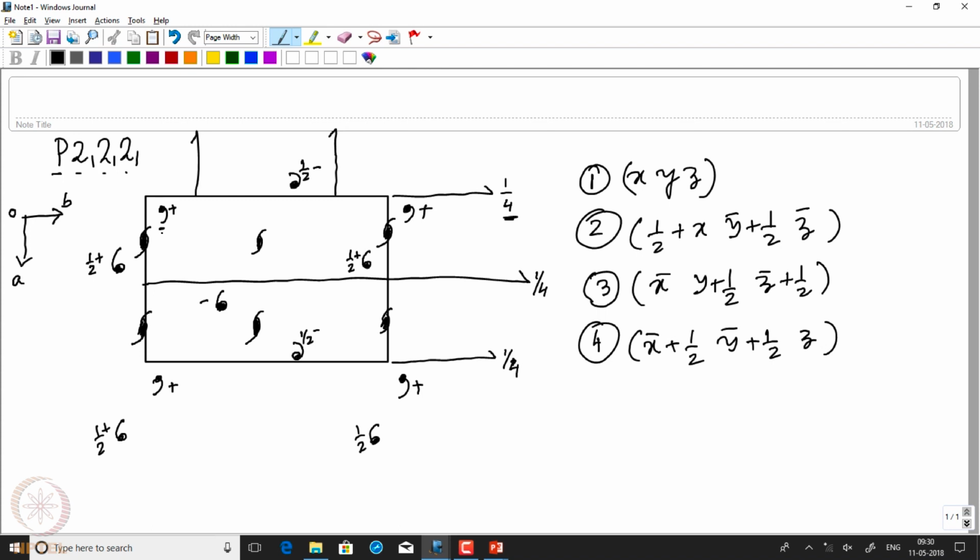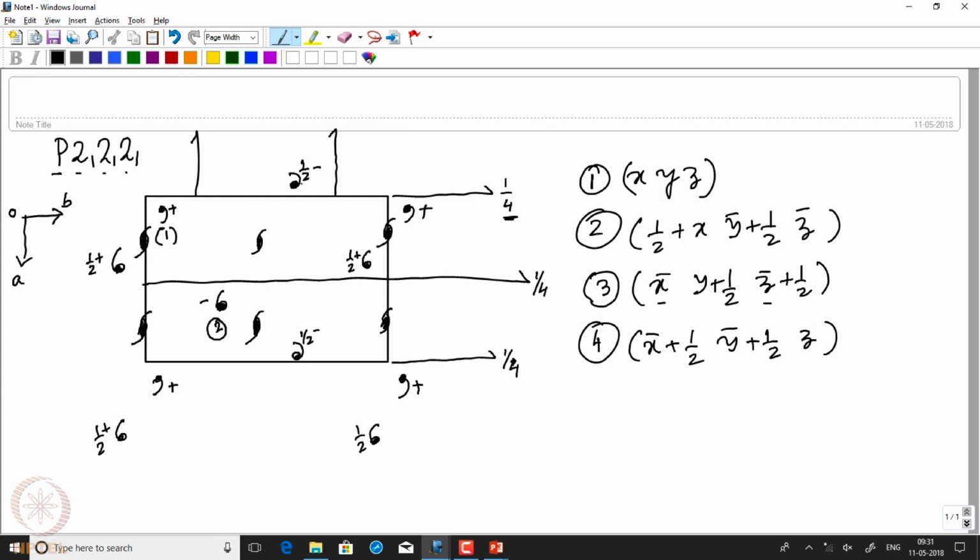So obviously inside the unit cell this is the point number 1. Point number 2 has both y bar and z bar negative. That means the 2-1 is parallel to x axis, that is parallel to A. So this point is nothing but this one. The coordinate 3 has x bar and z bar. That means the 2-1 is parallel to y.